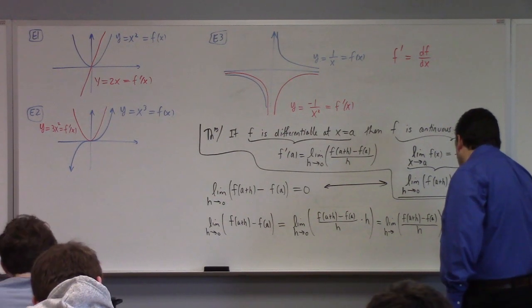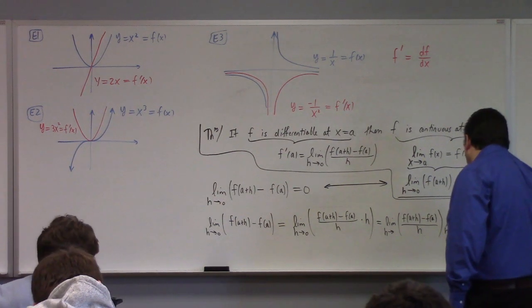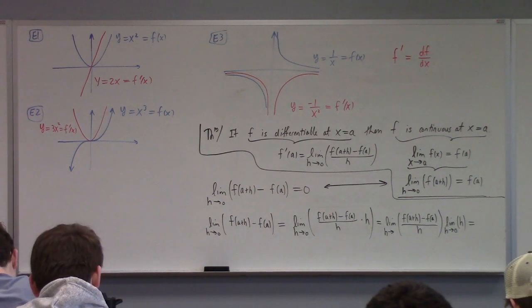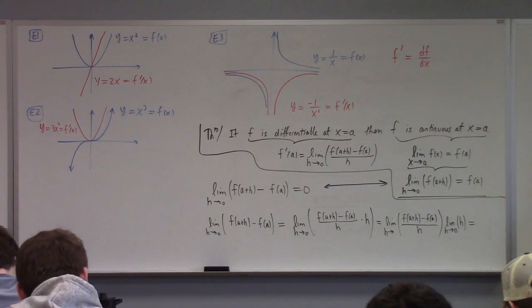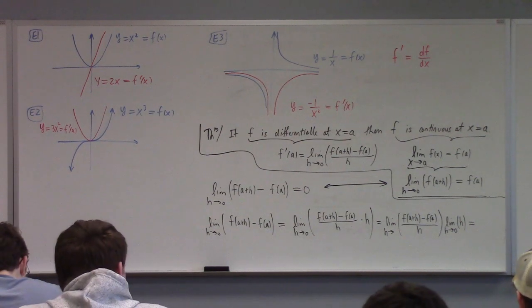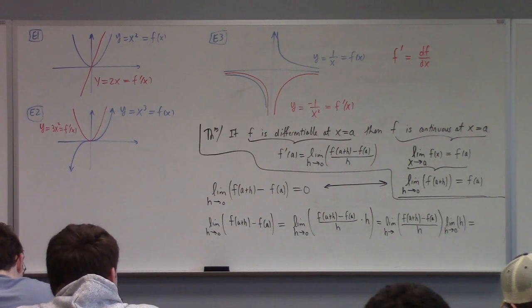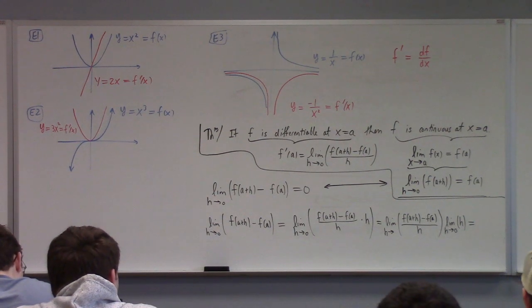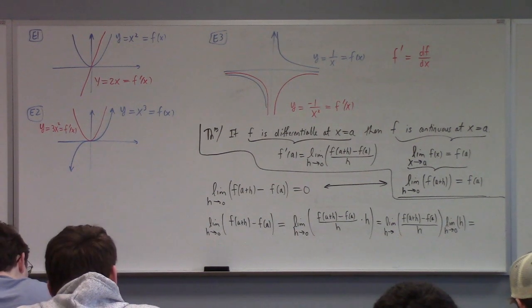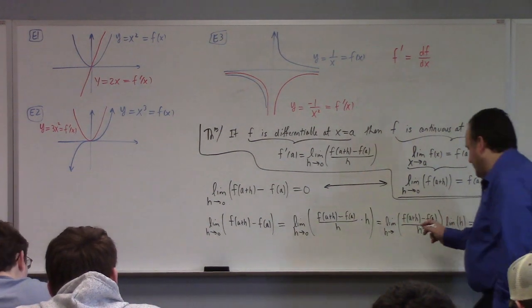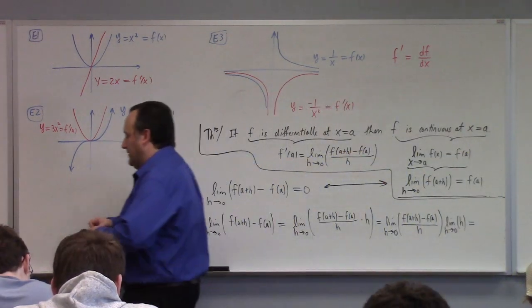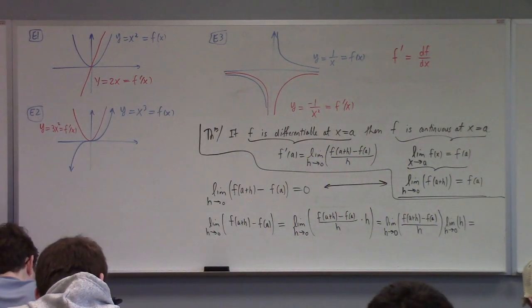And how about the limit as h goes to 0 of h? How's that work out? Not a trick question. It's 0, right? So this one is f prime of a, and the other one is 0.